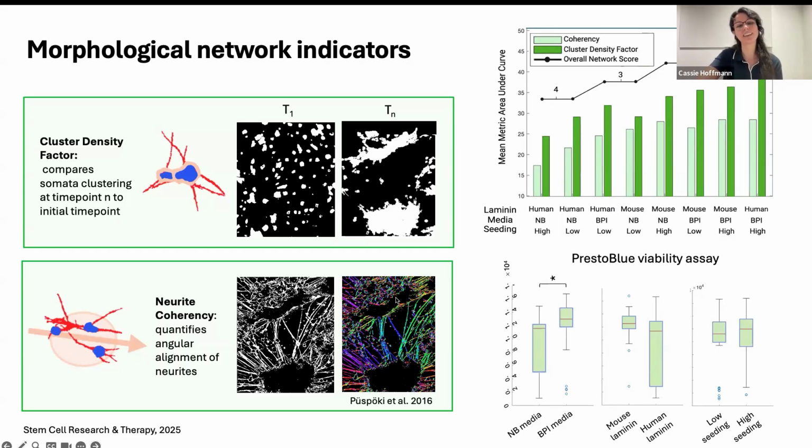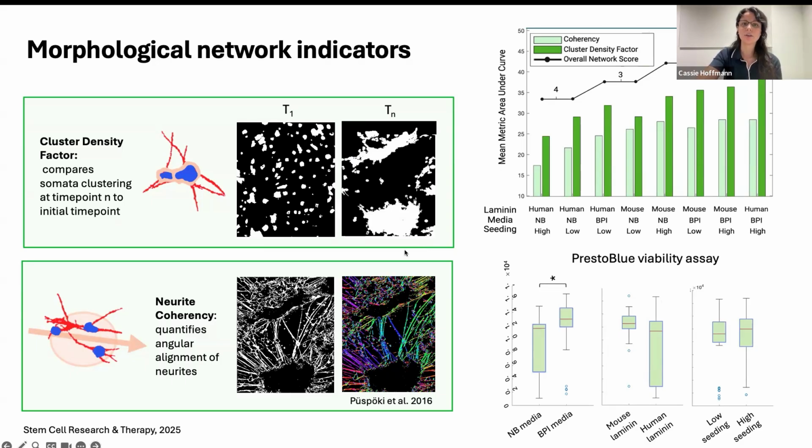Up here, we've got a more disorganized morphology with a wider range of angular orientations present. Down here, we've got fasciculation, a relatively constant angular orientation along the entire length of the fascicle. So this section down here would have a higher neurite coherency.